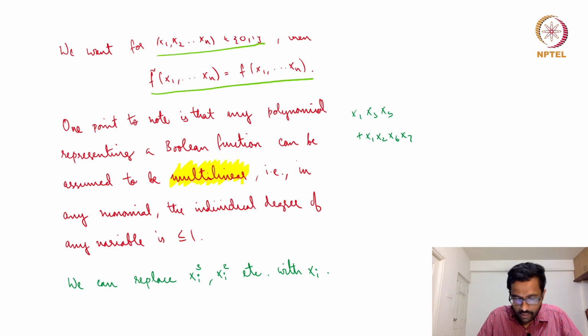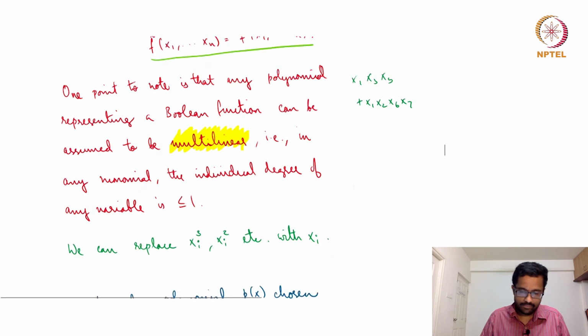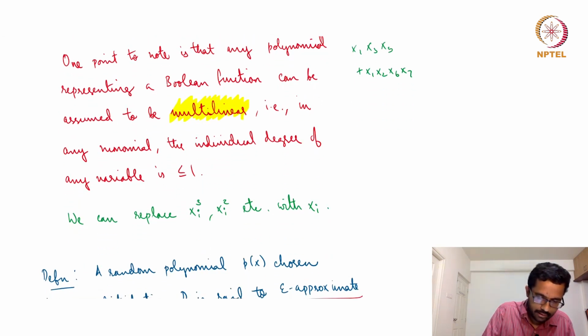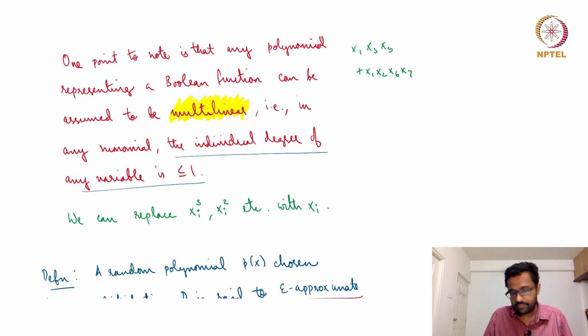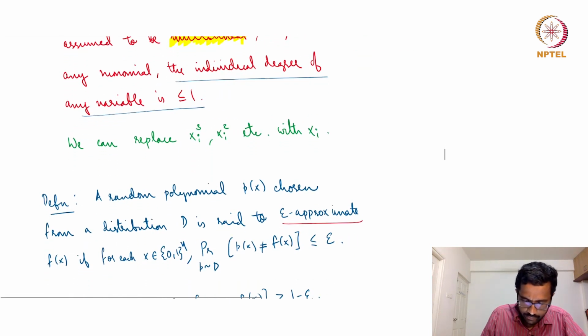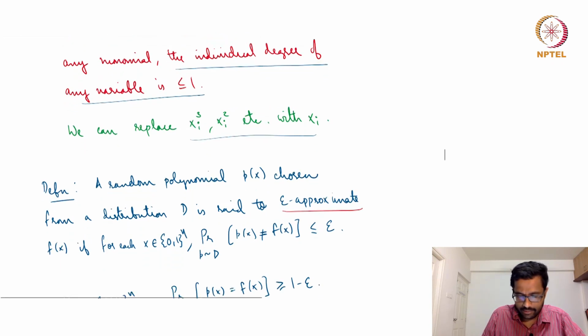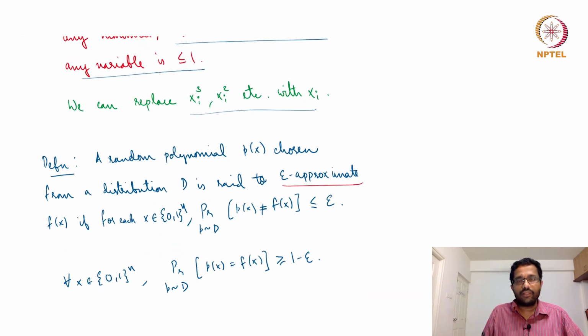So for any polynomial representing a Boolean function, we can consider only multilinear polynomials, where the individual degree of any variable is at most 1. Again, we can replace xi cubed, xi squared, etc. with xi. So that is how we represent a Boolean function using a polynomial.